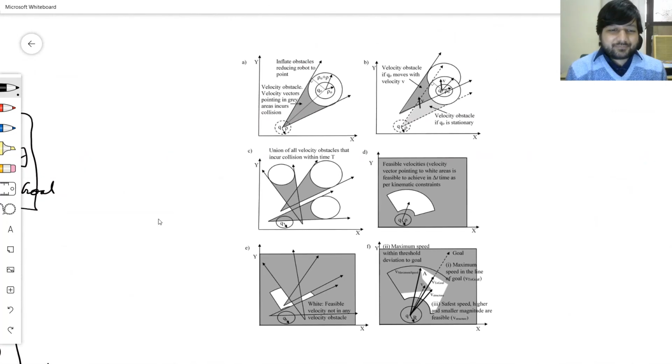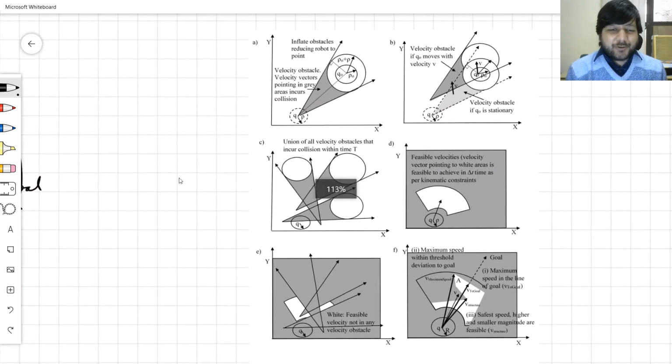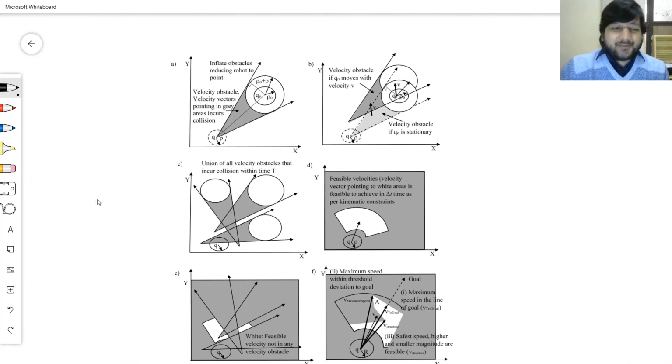So that's a small cartoon which shows exactly that. So that's my agent and everything shaded is collision. Then I said that, okay, instead of speed, let me denote the term relative speed. So this dark gray is the one which is now the velocity obstacle, and this light gray is the collision cone, where the collision cone is moved by v.